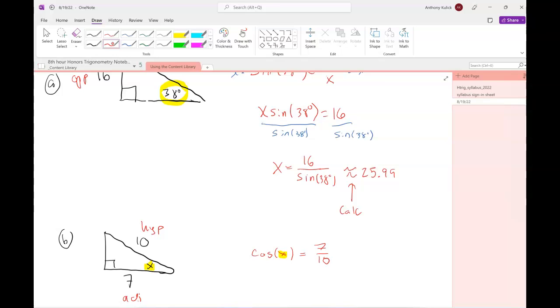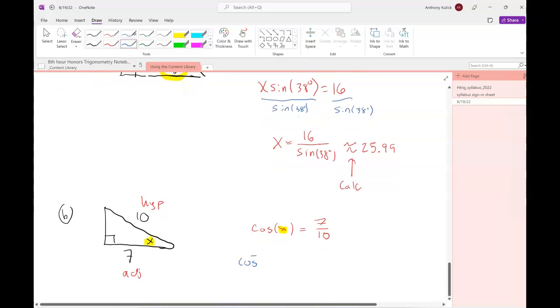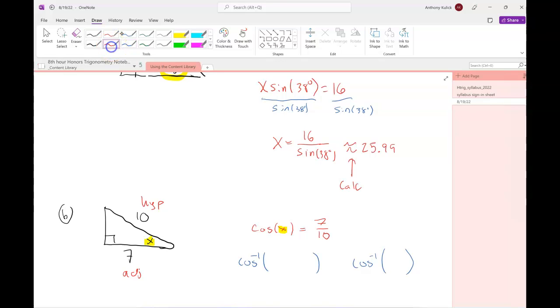What do we do? Multiply both sides by... Great. So we wouldn't say multiply, though. The verb you want to say is just take cosine inverse of both sides. But yes, that's dead on. I knew exactly what you meant. And there's no shame in not having the perfect mathematics vocabulary on day one of class.